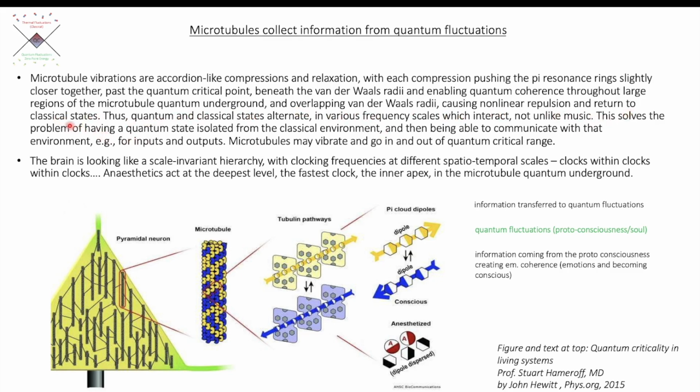So we have a permanent oscillation of these microtubules between a thermodynamic classic state and a quantum mechanical state, meaning taking information from the quantum fluctuations.